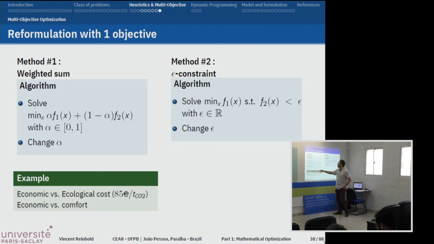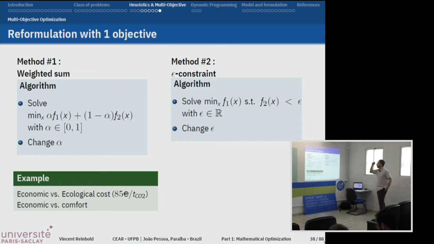So it's just a sum with a weight here. And to get this Pareto front, I can change the weight. In my example, I can change the price of the CO2. And it will give me a lot of different solutions, okay? One will be more ecological and another will be more economical.